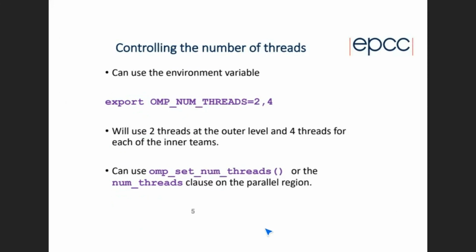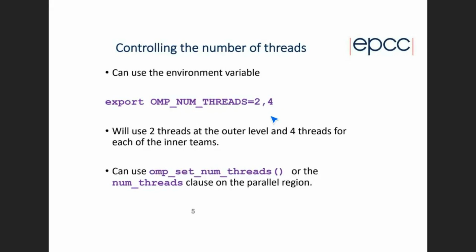Okay, so there are various different ways of controlling the number of threads that get used at different levels. A simple way to do that is to use the environment variable. The environment variable OMP_NUM_THREADS can take a comma separated list of values.